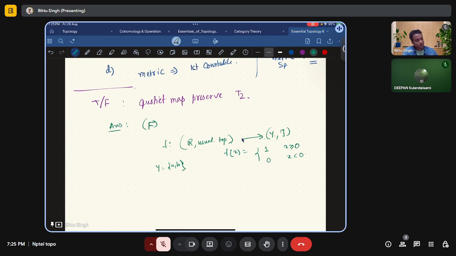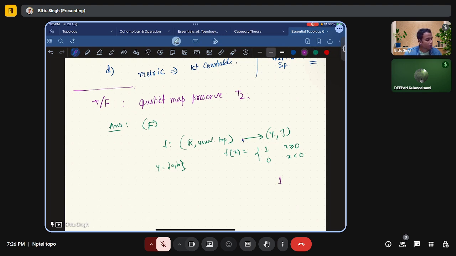Then can we topologize Y such that this map becomes a quotient map? The answer is yes. How do we topologize? We define a set to be open if and only if its inverse image is open.